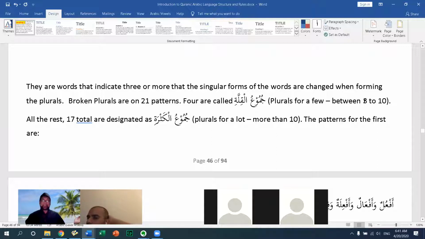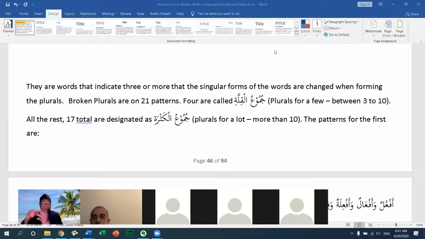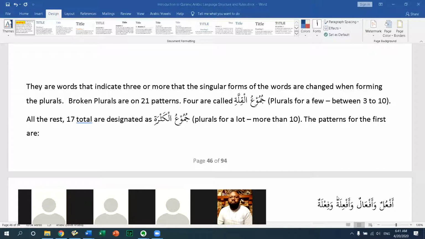Arabic is so detailed. It's so precise that if the number that you are counting is between 3 and 10, we consider it a plural that is a small number. It's less than 10. See that? Or 10 and less. So we would use Jam' taksir lil qilla.